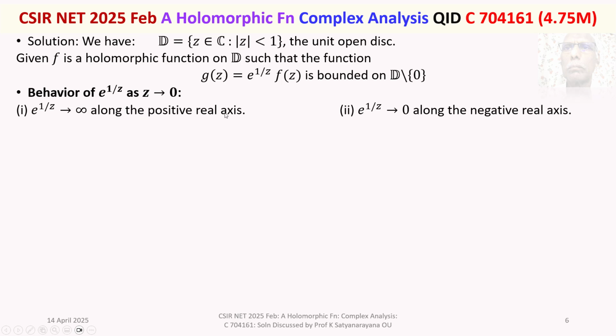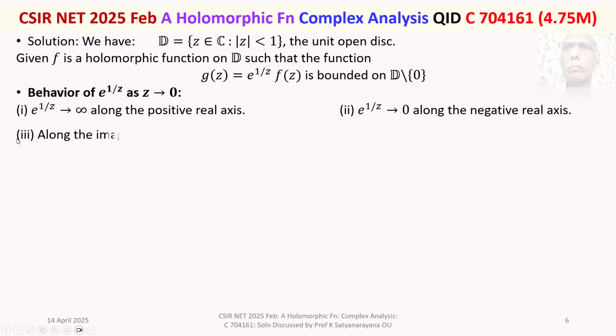And along the negative real axis, as z tends to 0, e to the power of 1 by z tends to 0. These two are very simple to understand.